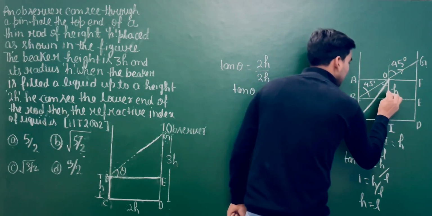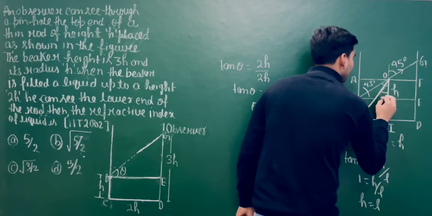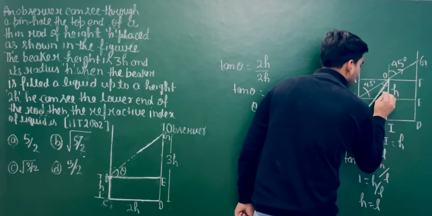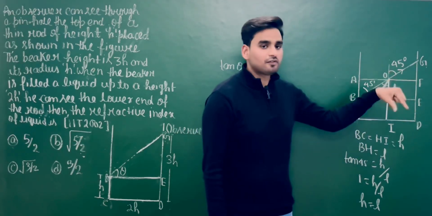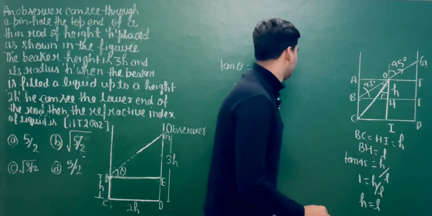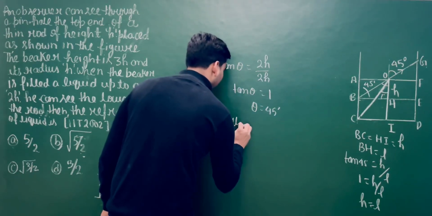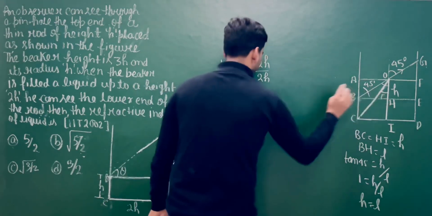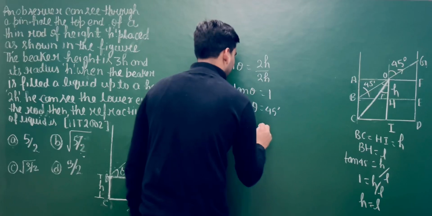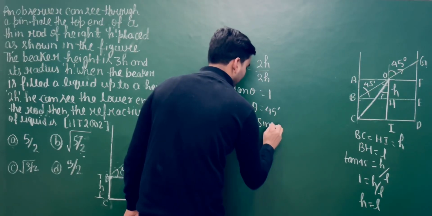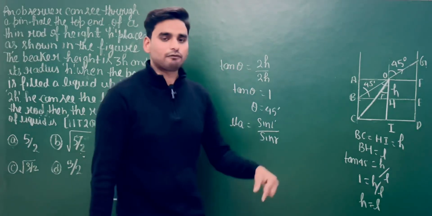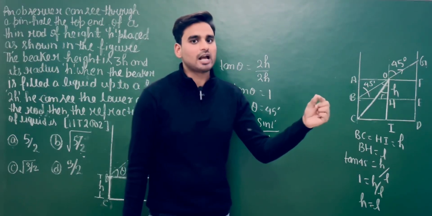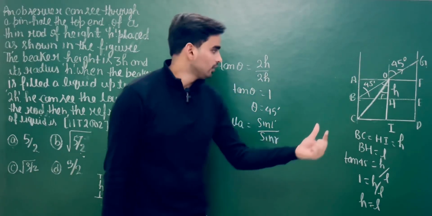Suppose light hits here at an angle I. Then refraction is taking place in air, so the refractive index of air is, light hits at an angle I, sin I upon sin R. But we have to calculate the refractive index of liquid.